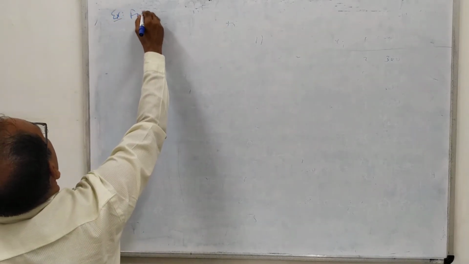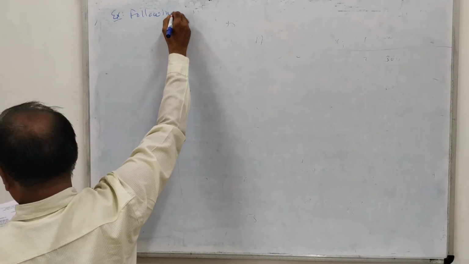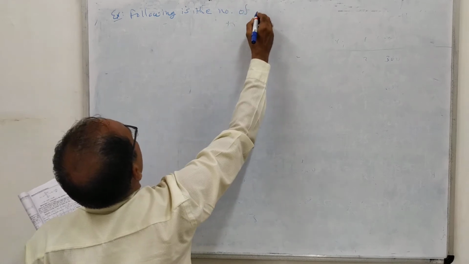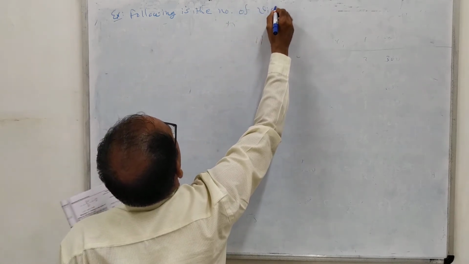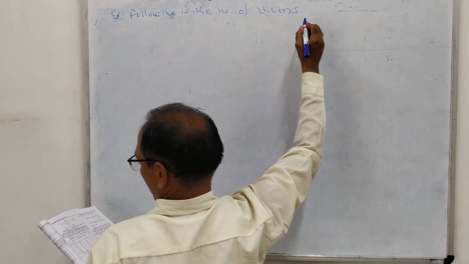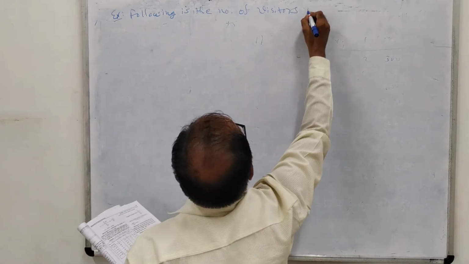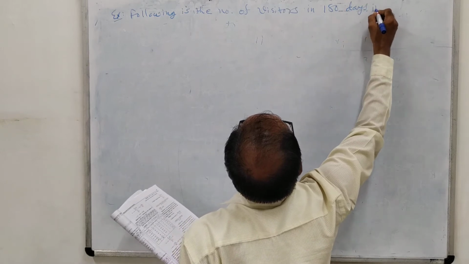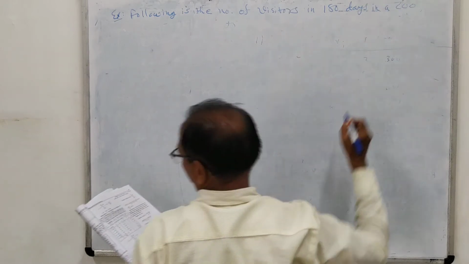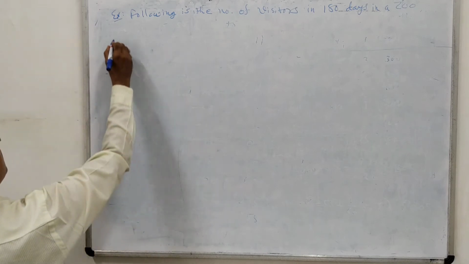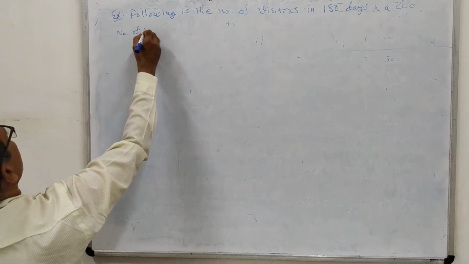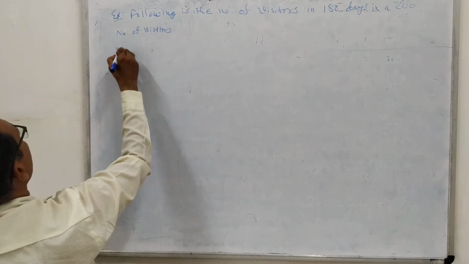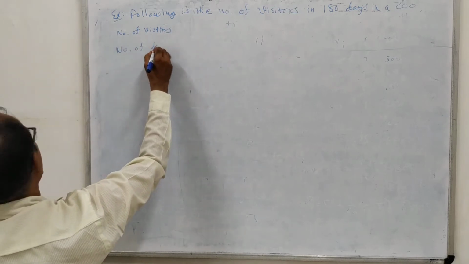Following is the number of visitors in 180 days in a zoo, and it is given by the number of visitors and the number of days.